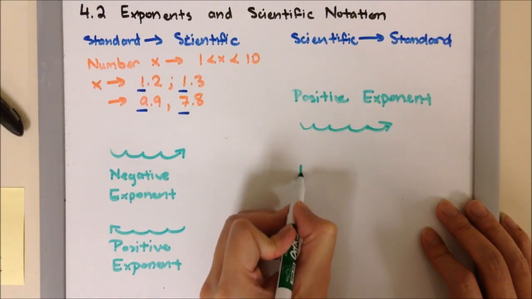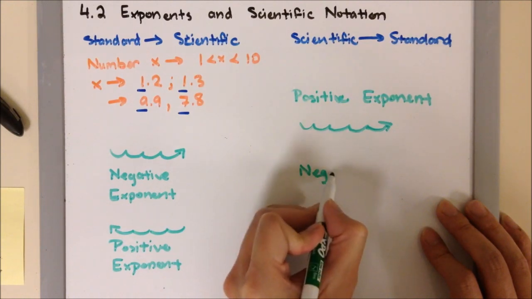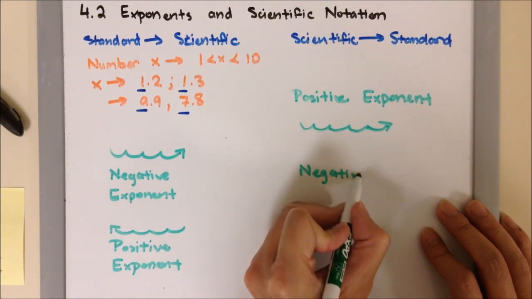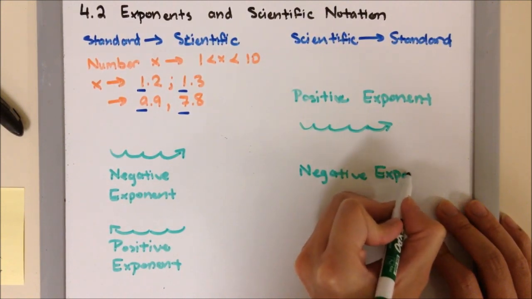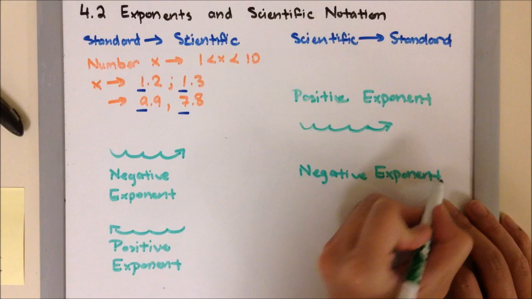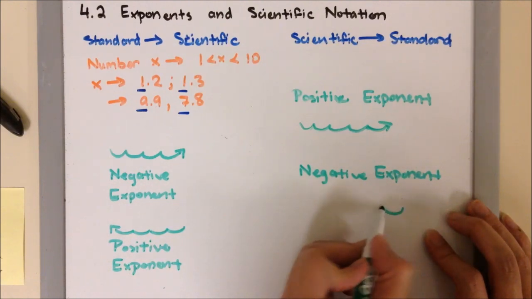If you start off with a negative exponent, you're going to move your decimal to the left.